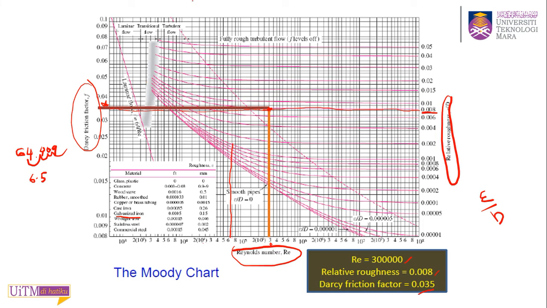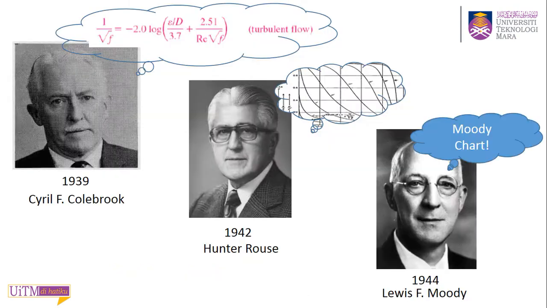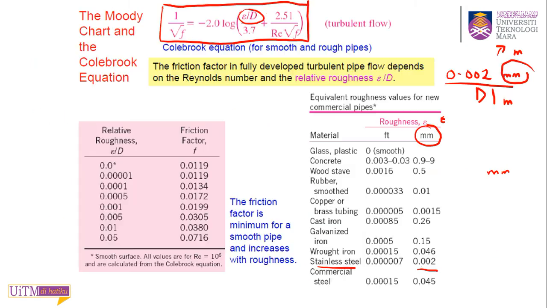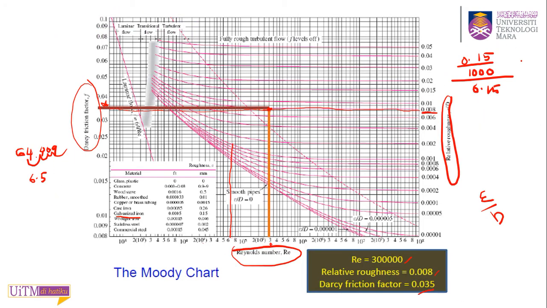To get your relative roughness, because this is in millimeter, you need to change that to meters, divide by 1000, then divide by the diameter of the pipe, which is 0.15 meter.